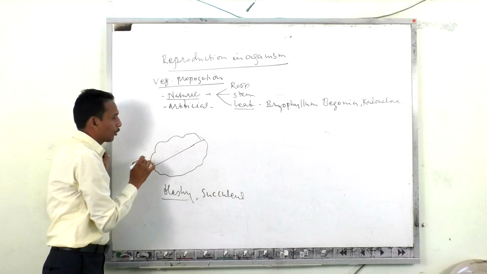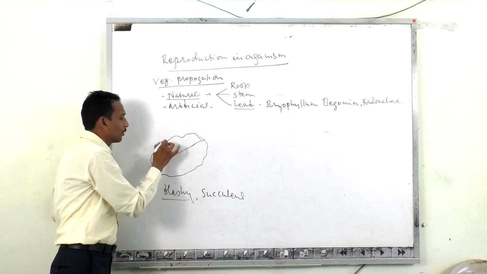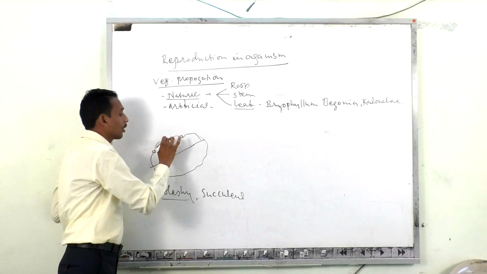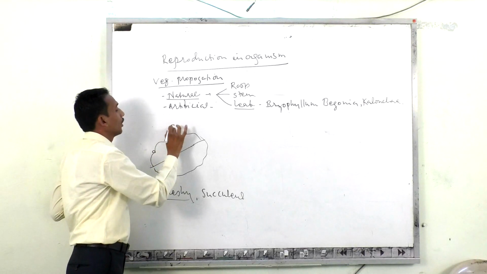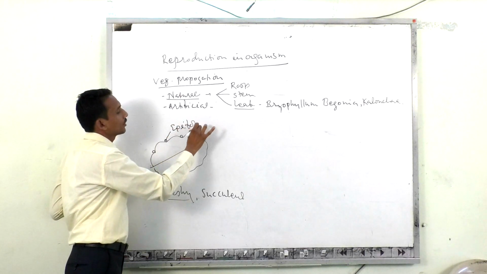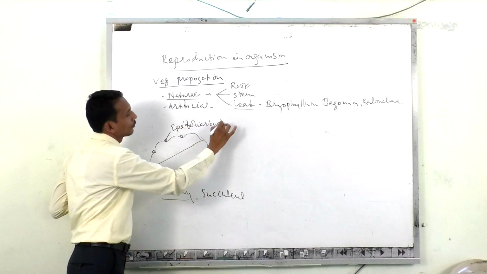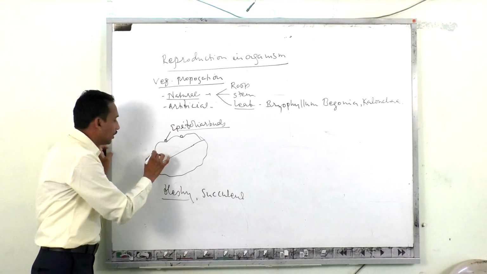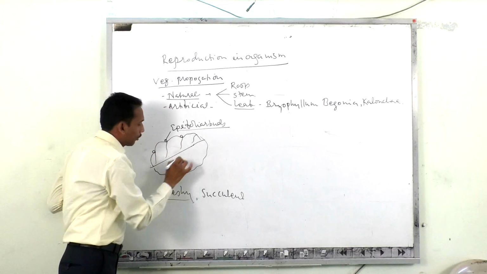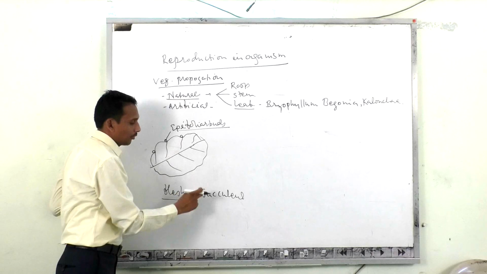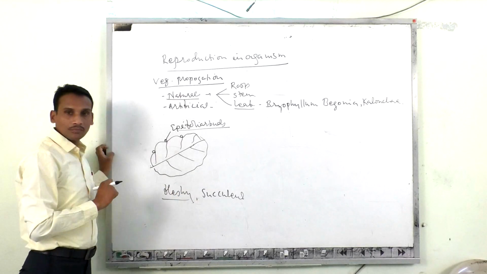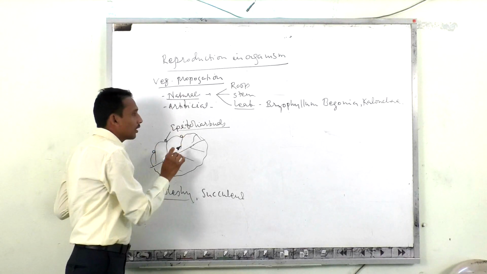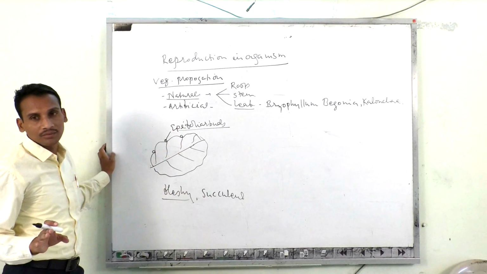Over the margin of the leaves, there are buds present. These buds are called epifoliar buds. These epifoliar buds are present on the margin of the leaves in bryophyllum. These buds are dormant in normal condition.